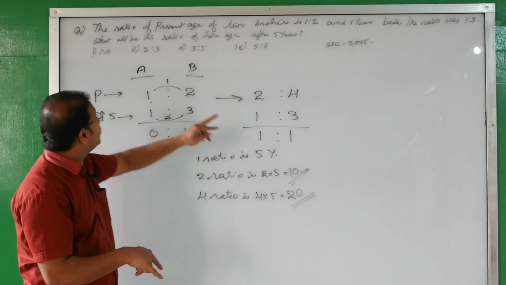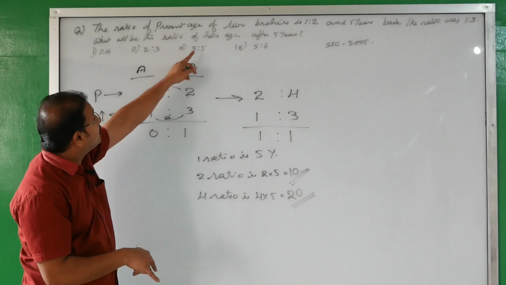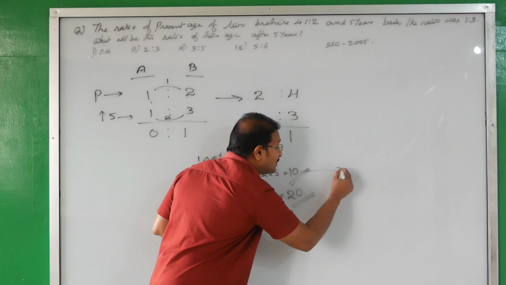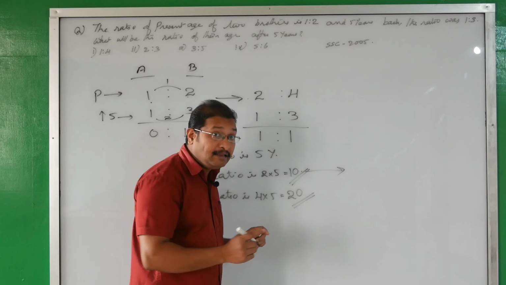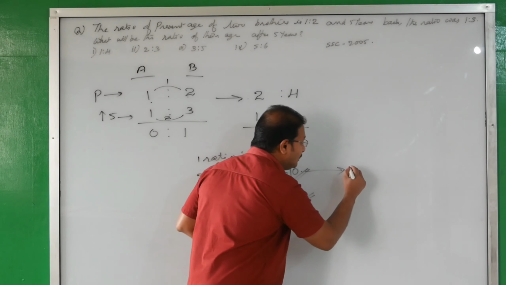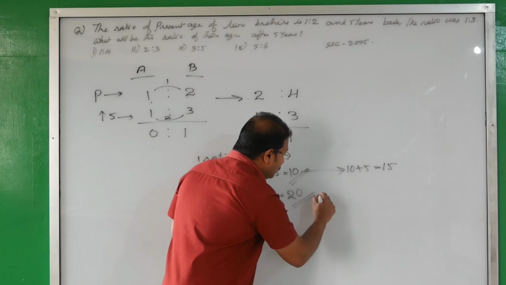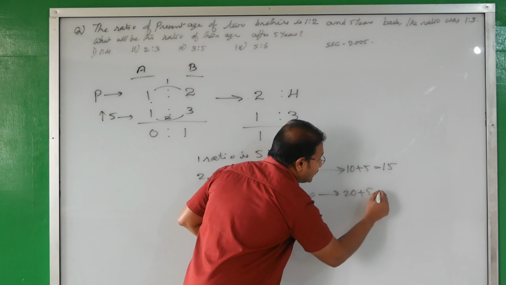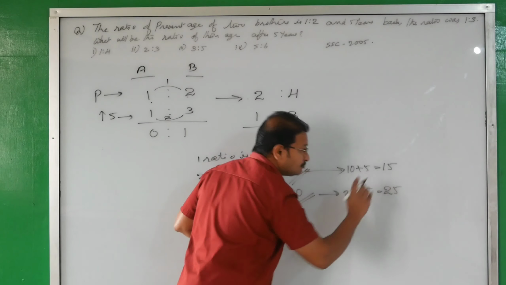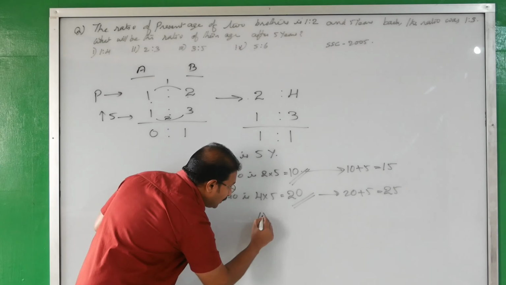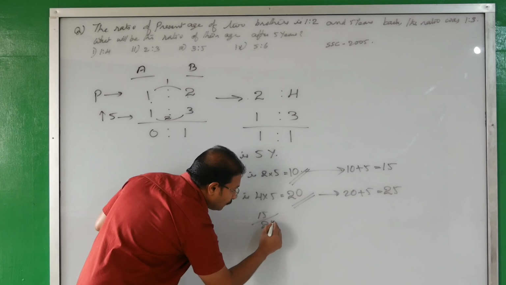Now according to the question, you need to find the ratio of their ages after 5 years. After 5 years, we add 5. That means 10 plus 5 is 15, and 20 plus 5 is 25. Ready? So we want the ratio now: 15 divided by 25.